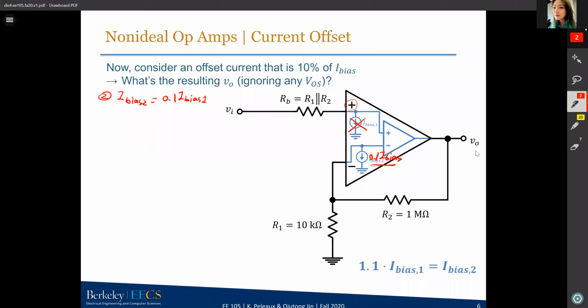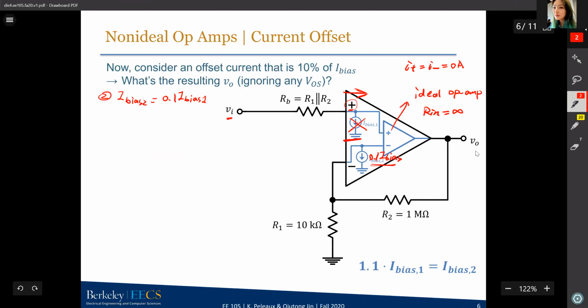Because right now the VI is directly connected to the plus terminal, and there will be no current source connected to the ground, and this is an ideal op amp, that means your input resistance is actually infinity. So I plus will equal I minus equal to 0 amps. There will be no current flowing through the plus terminal.